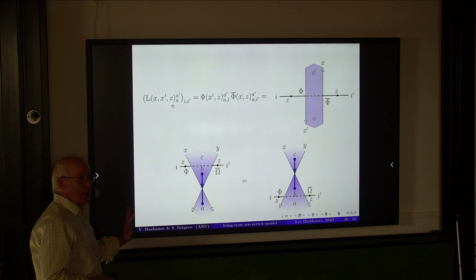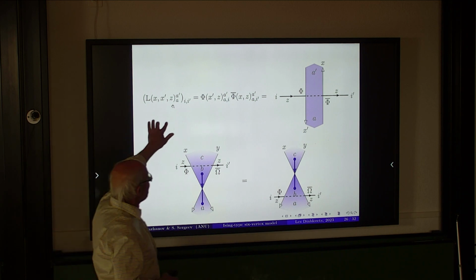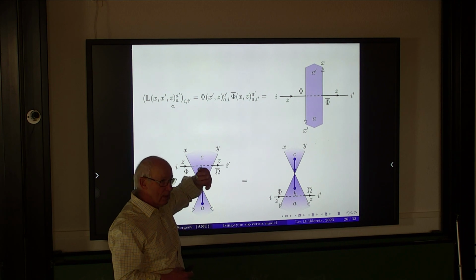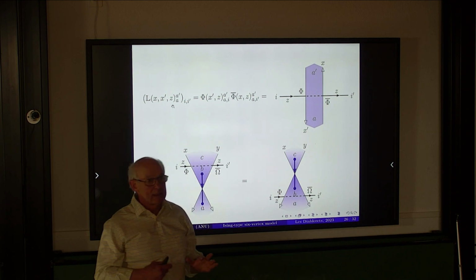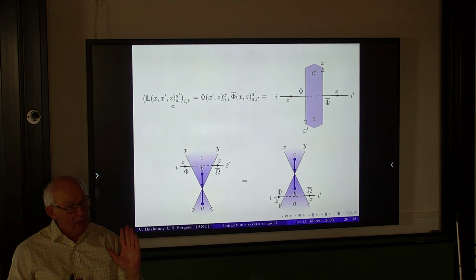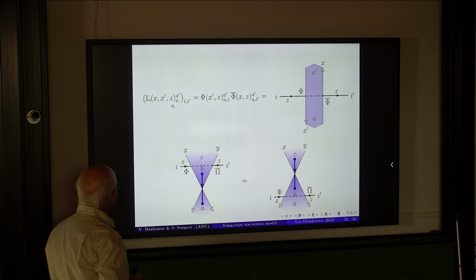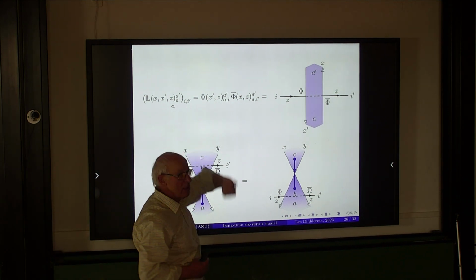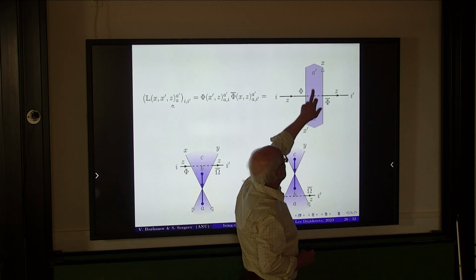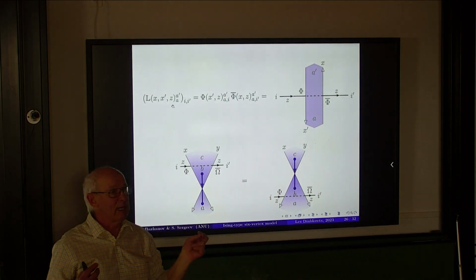And the structure which is behind this factorization already manifests itself in the expression for the L operator. If the L operator is written in this basis where Cartan elements are shift operators, then all matrix elements of the L operator with these indices will be nonzero only when A prime equals A, or A prime equals A plus 1.